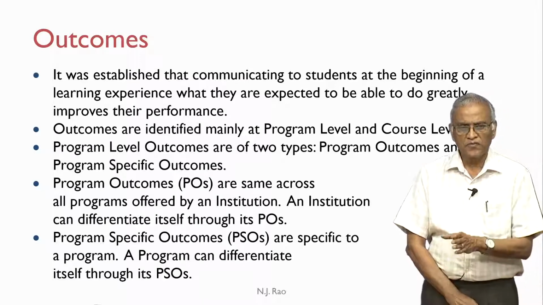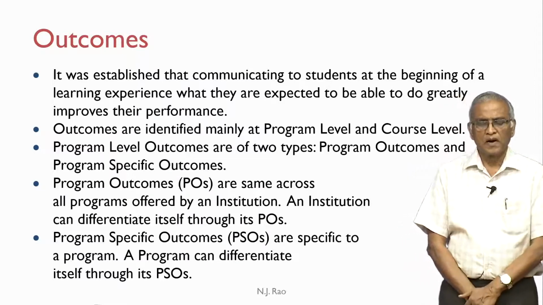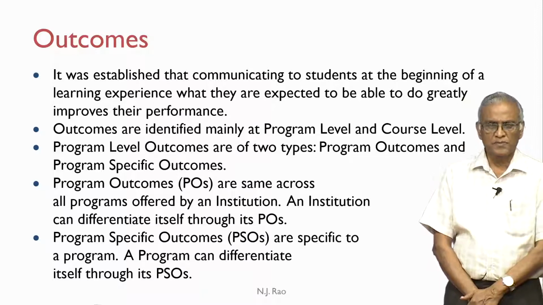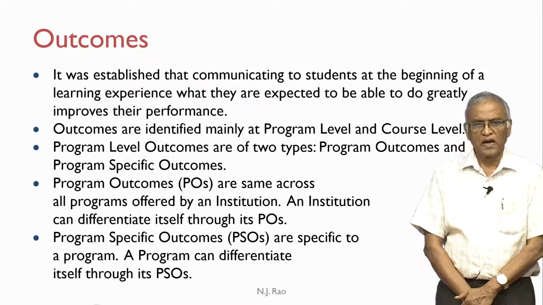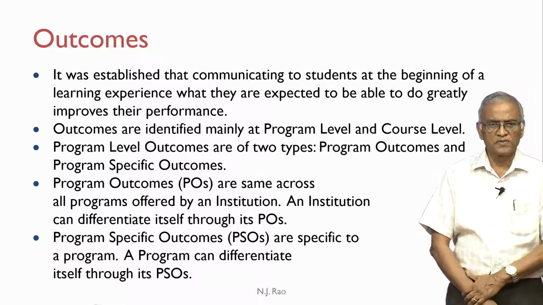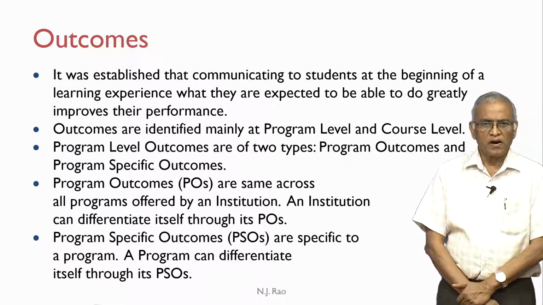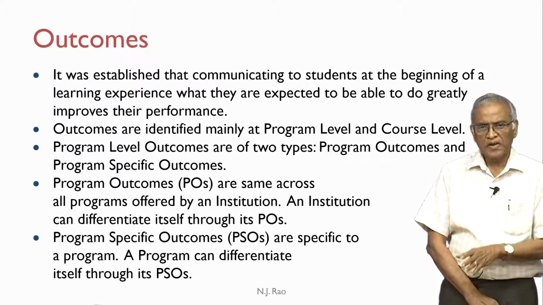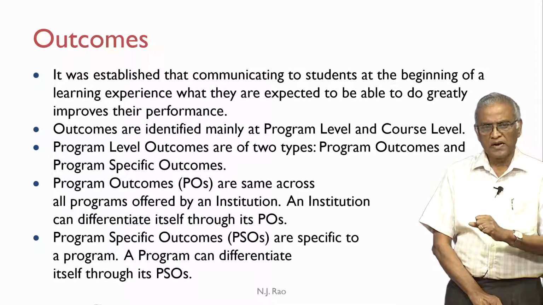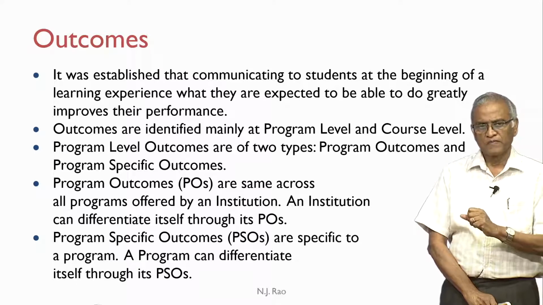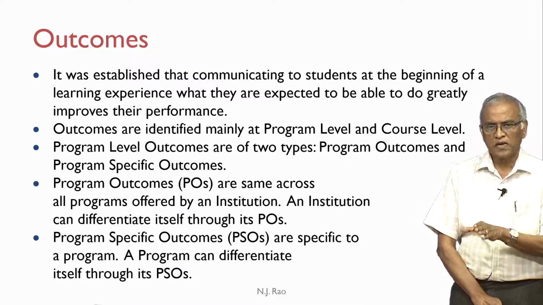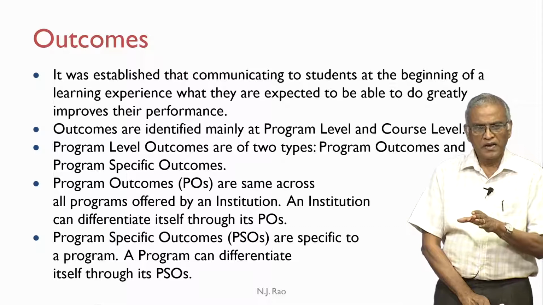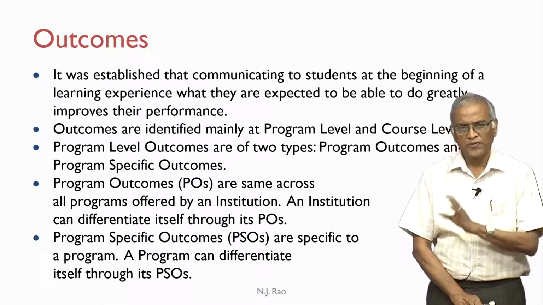Now, we have spent a lot of time explaining about outcomes, how to write outcomes and how you measure these outcomes and so on. The most important thing is that communicating to students at the beginning of a learning experience what they are expected to be able to do greatly improves their performance.